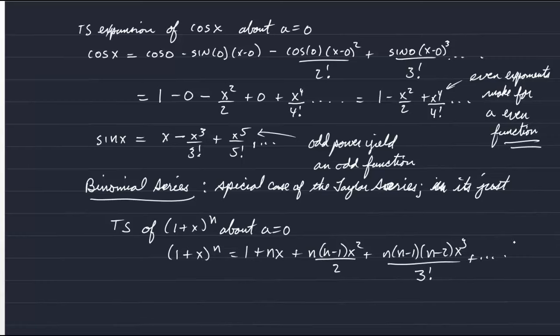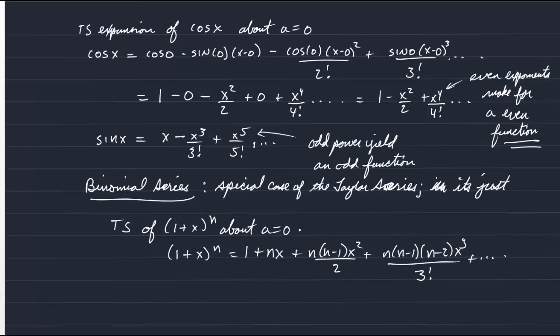And the sum continues. So the binomial series isn't any special series you need to memorize. You can just know that it's a Taylor series of 1 plus x raised to the n power about x equals 0, and you'll get it.